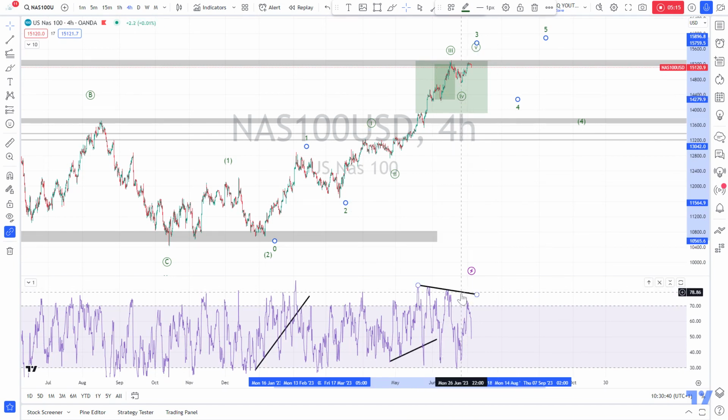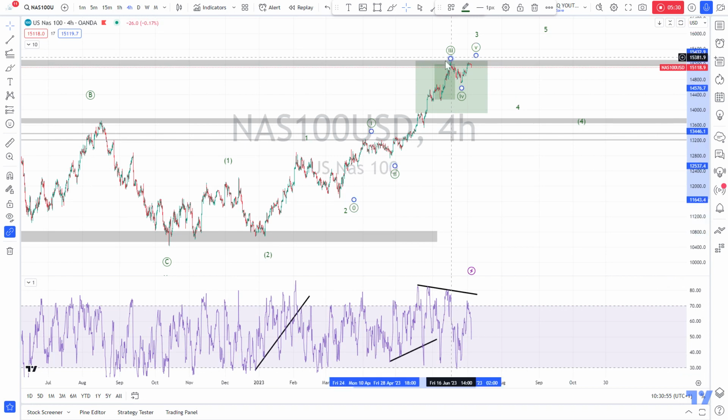And so if the data changes, that would mean that if we erase the divergence here, then we are in a different situation. Then I would change my count, like something like this. Then I believe wave 3 was in here, 4 was in here, 5 was in here.